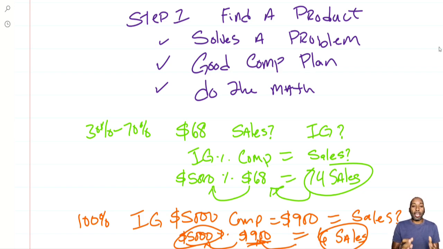Okay, so in step number 1, I walked you through finding a product to promote, and remember that it has to solve a problem that exists in the marketplace, and it has to have a good compensation plan. And I showed you how to do the math to figure out how much commission you need to make to hit your income goal.